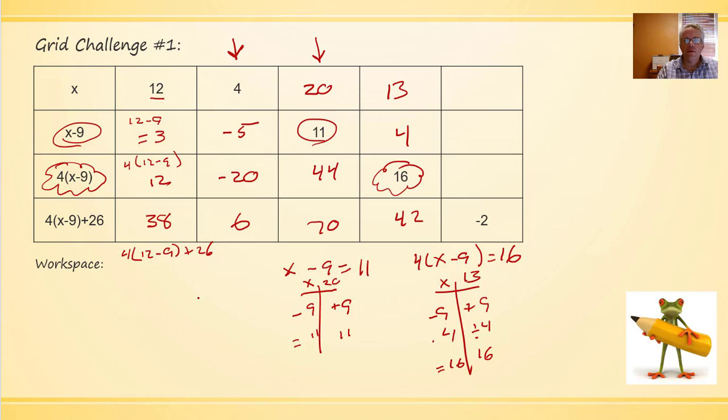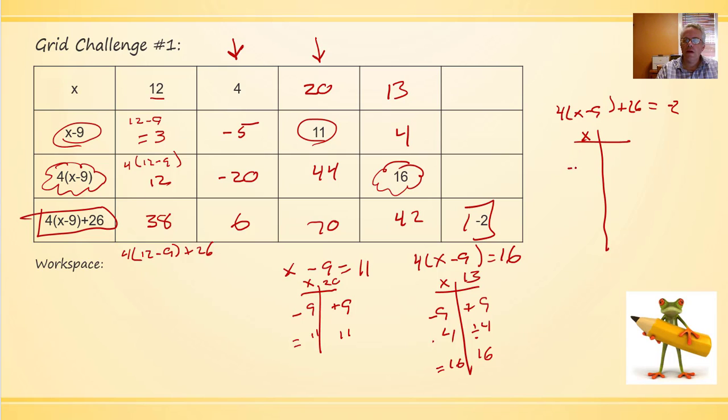All right, last one. The clue we have is that this huge mess is equal to negative 2. So let's write that over here. 4 times x minus 9 plus 26 equals negative 2. This one's a little bit more complicated, but we can still do it step by step with backtracking.